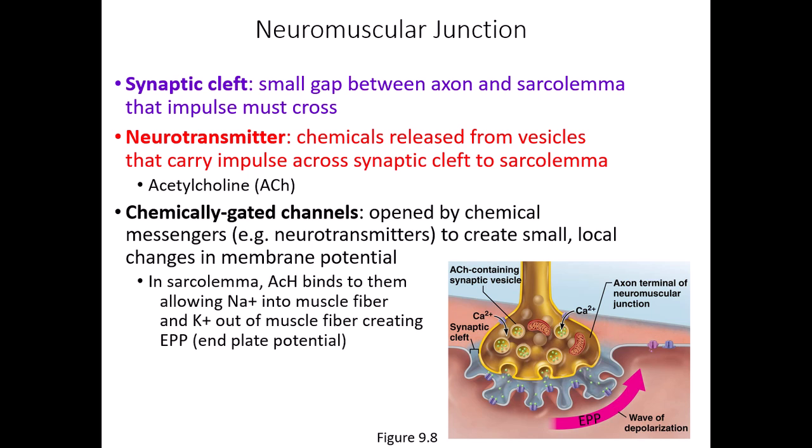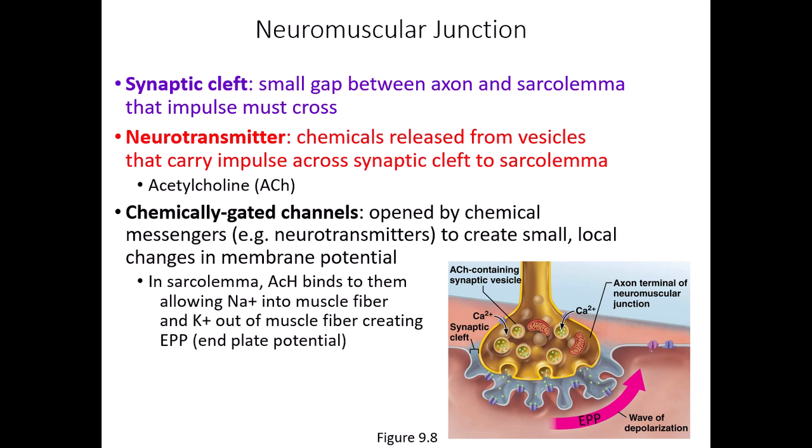Those receptors on the sarcolemma are chemically gated channels. They aren't triggered by an electrical impulse, by changes in membrane potential. They're triggered by the attachment of the chemical, the acetylcholine neurotransmitter, to them.